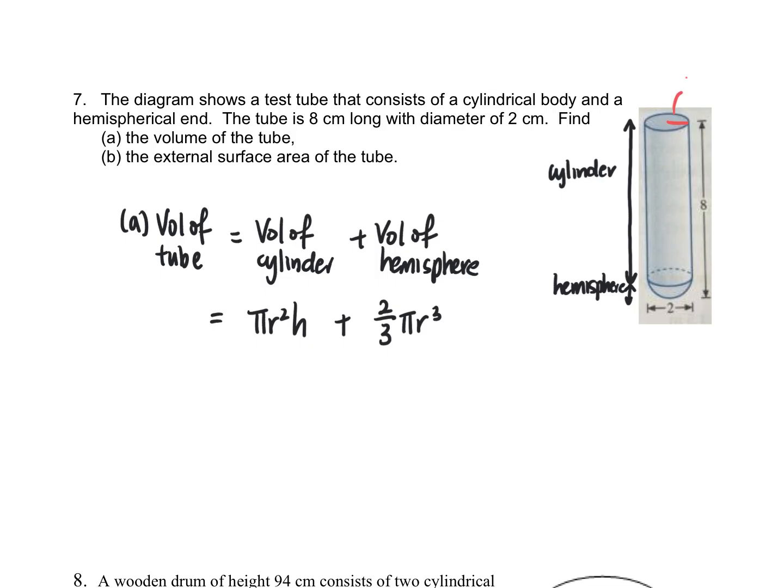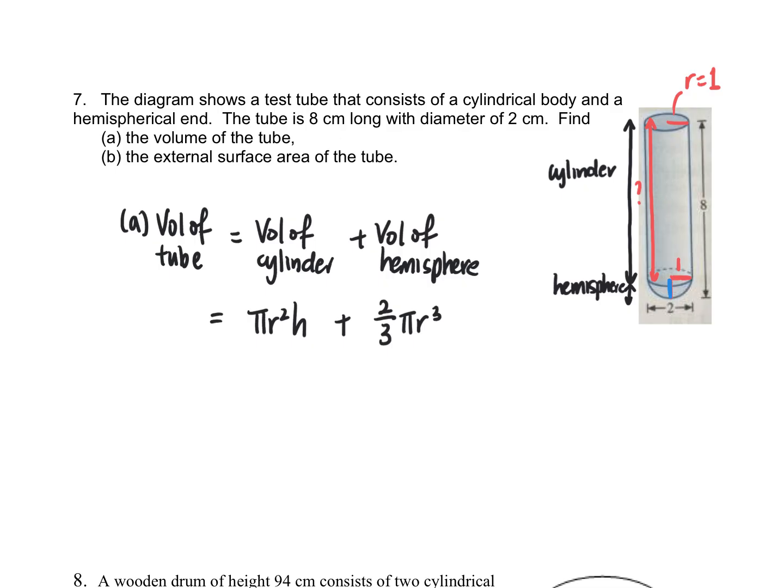Radius is 1. Okay, I need the height of the cylinder. That's the problem I face. The whole thing is 8, but I need to know what is this height. So you ask yourself, if this is half the circle and this is 1, what is this blue length here?